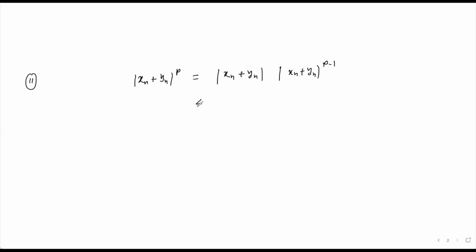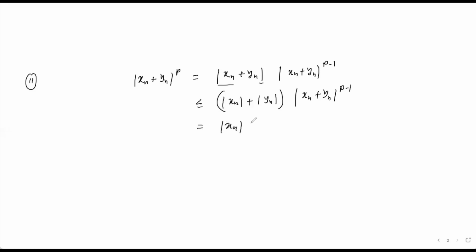And this is less than or equal to the absolute value of x_n plus the absolute value of y_n, so this quantity is greater than or equal to this quantity, and times |x_n + y_n|^(p-1).